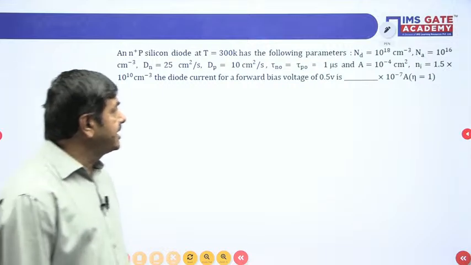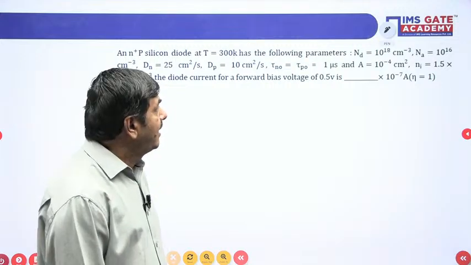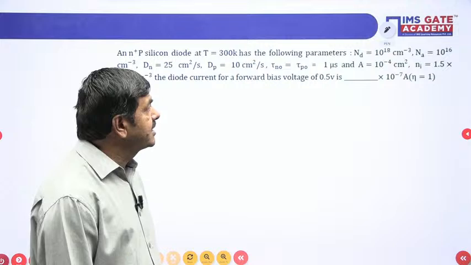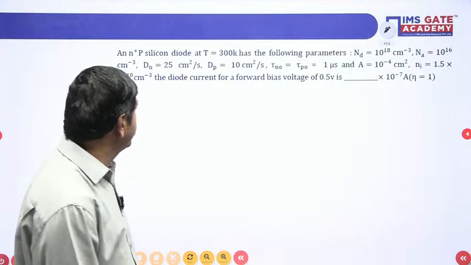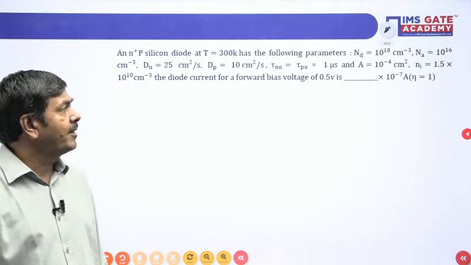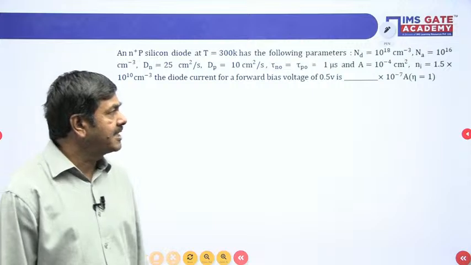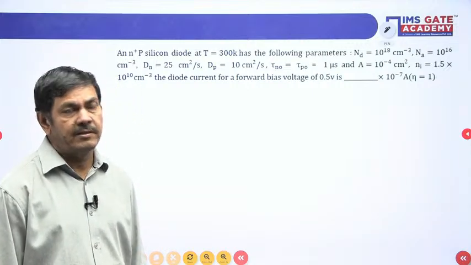Tau n0 equal to tau p0 equal to 1 microsecond. A equal to 10 power minus 4 cm square, Ni equal to 1.5 into 10 power 10 per cm cube. The diode current for a forward bias voltage of 0.5 volts is dash into 10 power minus 7 amperes. Eta is given as 1.